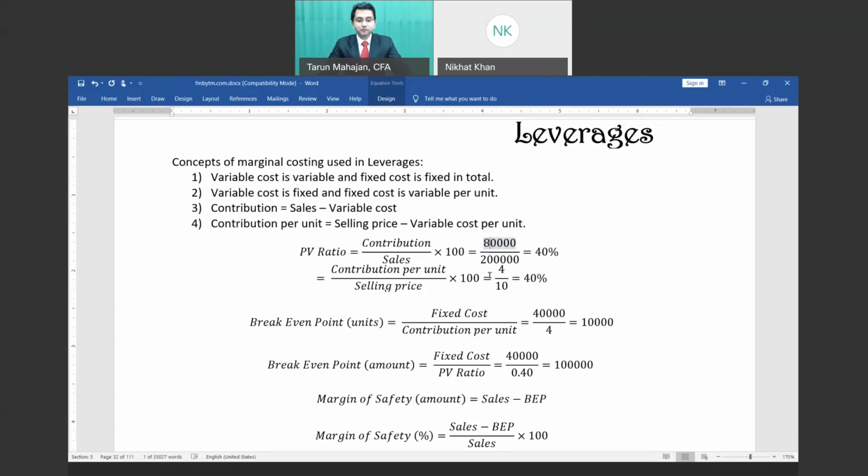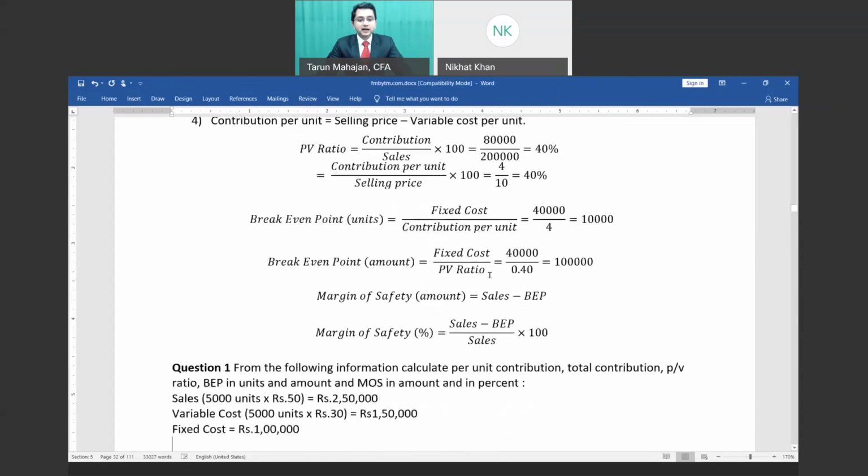Fine. Then the next two things are margin of safety in terms of rupees and margin of safety in terms of percentage. So suppose my sales is 2 lakh rupees and my BEP is 1 lakh rupees. What is margin of safety? It is amount of sales above the break-even point.